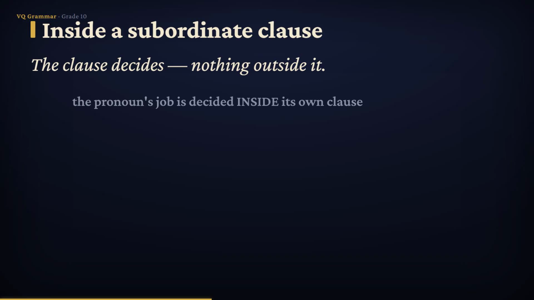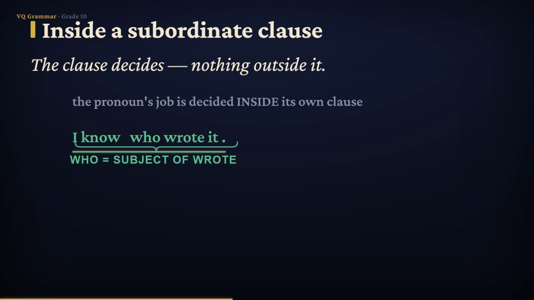This is where people trip, so slow down with me. Look at a subordinate clause. I know who wrote it. Now, the whole clause, who wrote it, is the object of the verb know. And that tempts people to write whom. It's a trap. The case of the pronoun is decided inside its own clause, and only inside it. Inside that clause, who is the subject of wrote, so who is what we need.